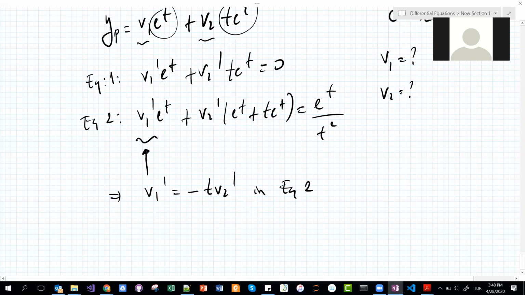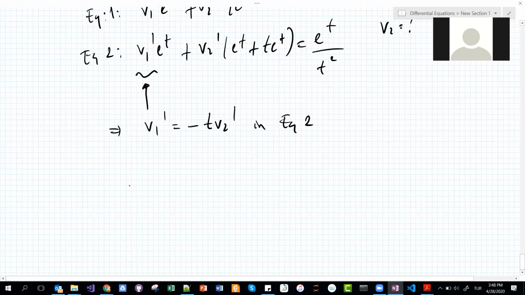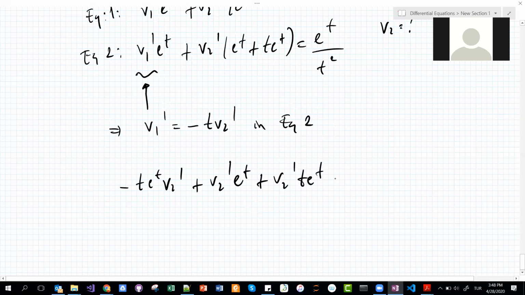So just replace this term in equation 2, which is going to be equal to negative t e to the t v2 prime plus v2 prime e to the t plus v2 prime t e to the t, which is equal to e to the t over t squared.